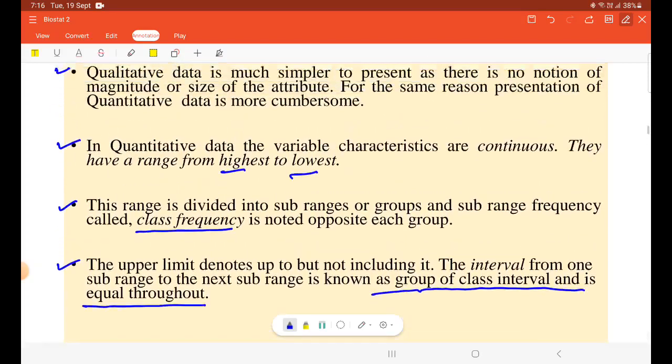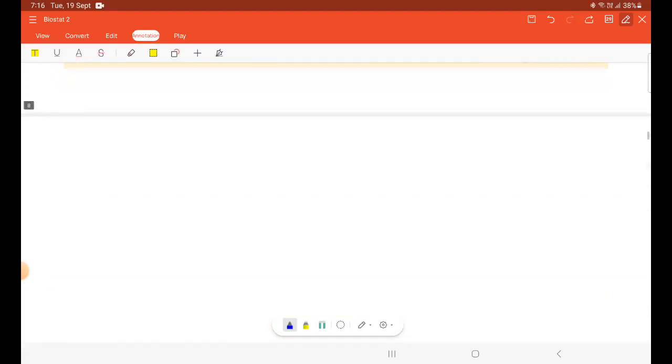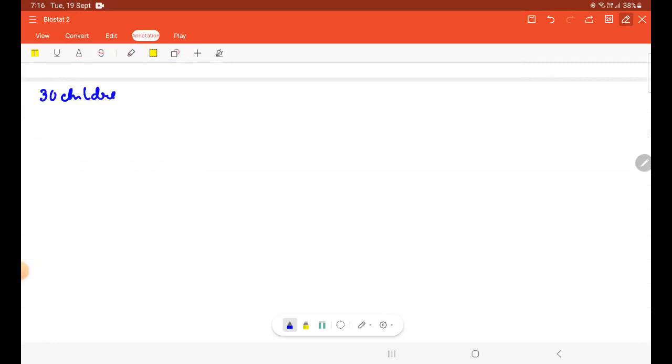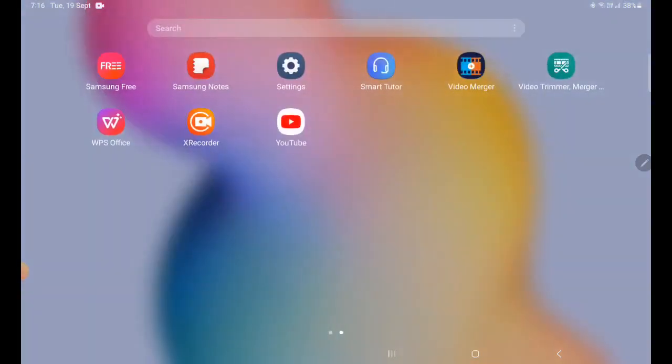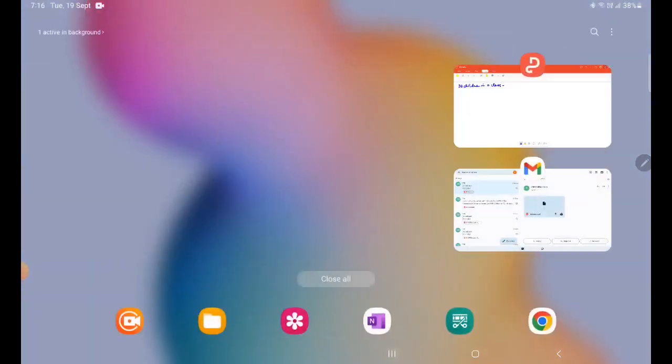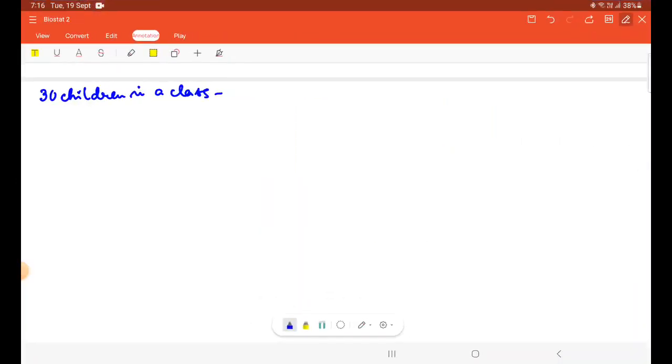So how to explain this? Say in qualitative data, again coming to the same example, 30 children in a class appeared for a mock test. Pass marks are 10 out of 30.